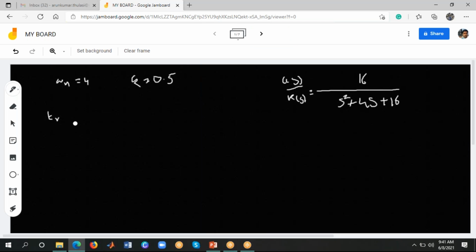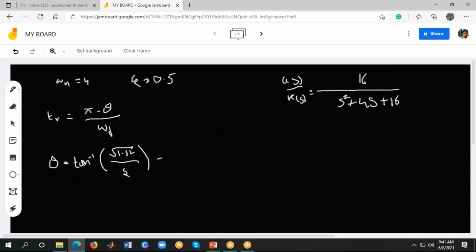So first we have to find the rise time tr. tr is equal to pi minus theta divided by omega d. This is the formula for rise time. First we have to find theta. Theta is equal to tan inverse of square root of 1 minus zeta square divided by zeta.